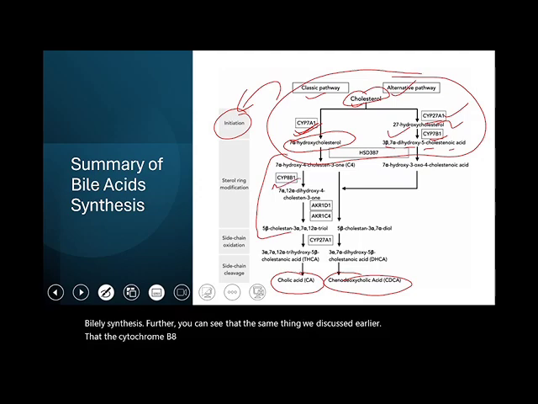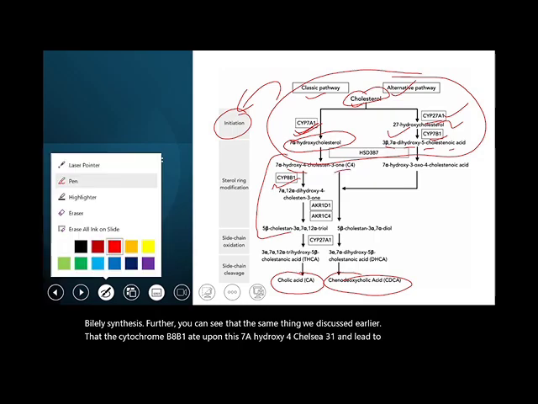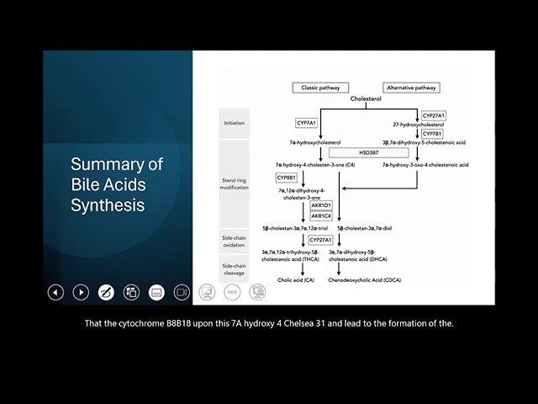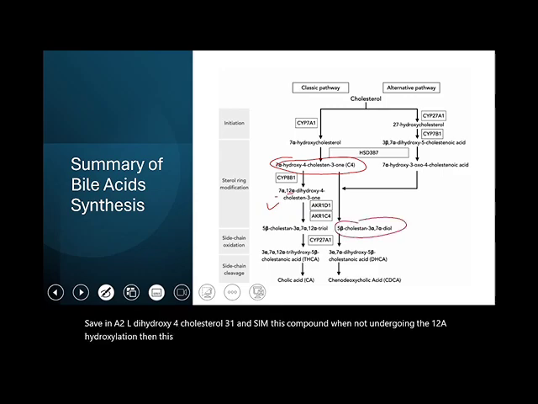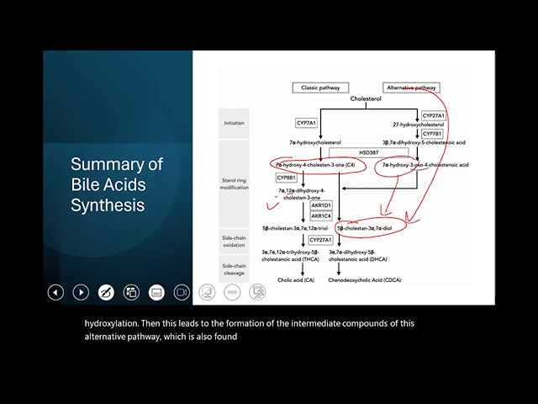Further, you can see the same thing we discussed earlier, that cytochrome P8B1 acts upon 7 alpha hydroxy 4 cholesten 3 one and leads to the formation of 7 alpha 12 alpha dihydroxy 4 cholesten 3 one. When this compound does not undergo 12 alpha hydroxylation, it leads to the formation of the intermediate compounds of the alternative pathway, which are also found from this compound.